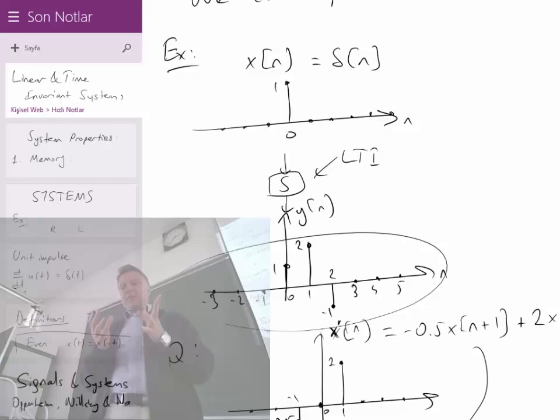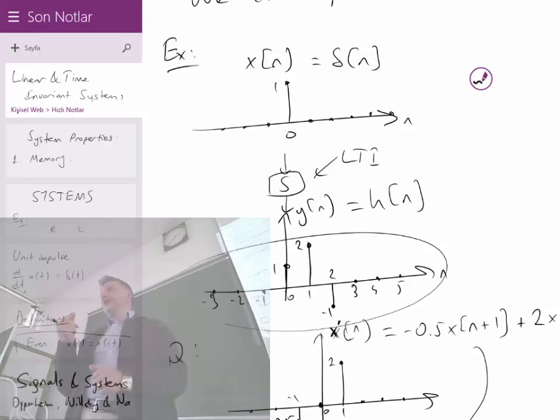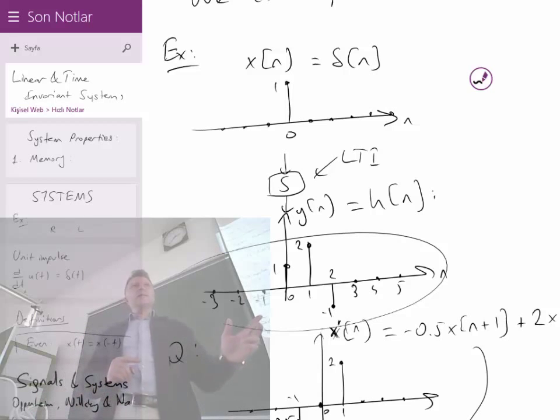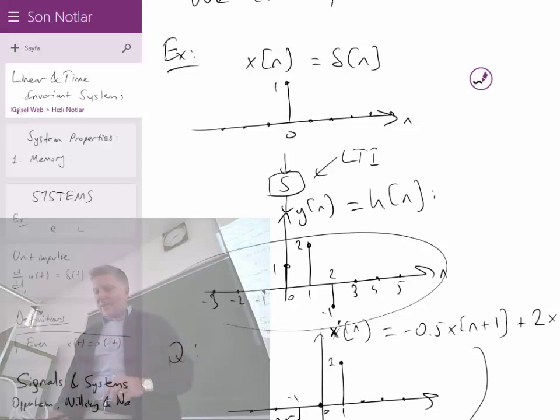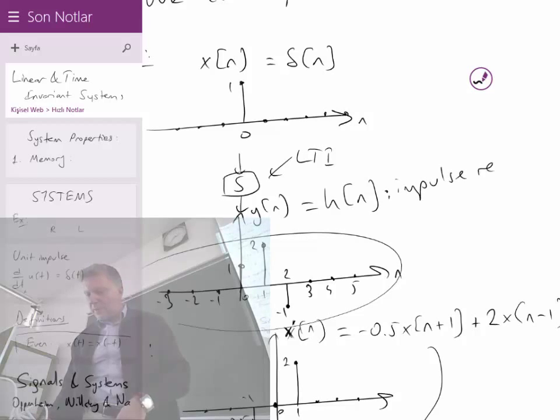These are specific names, for example. This one also has a specific name. It is deliberately indicated by h of n. H is a very commonly used letter for system response. And since it's the response to an impulse, h of n is the abbreviation, and its expansion is impulse response.